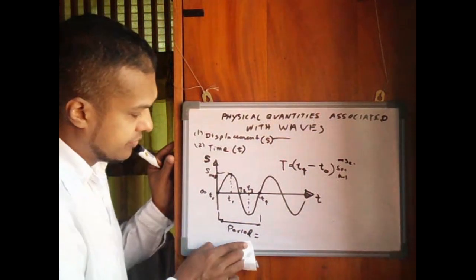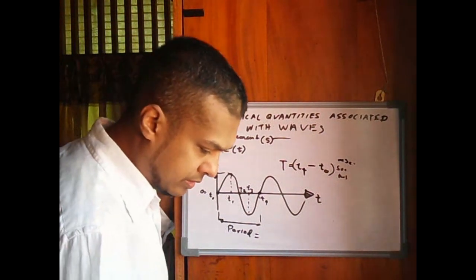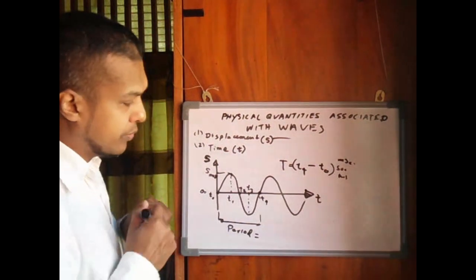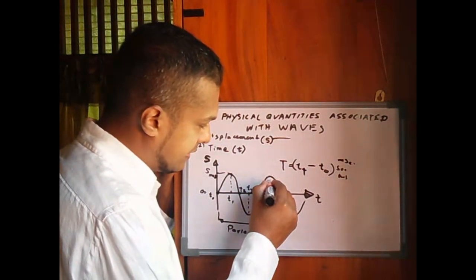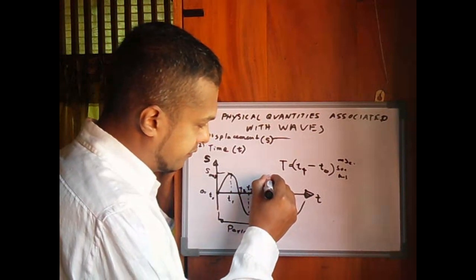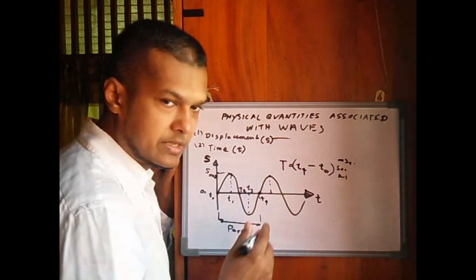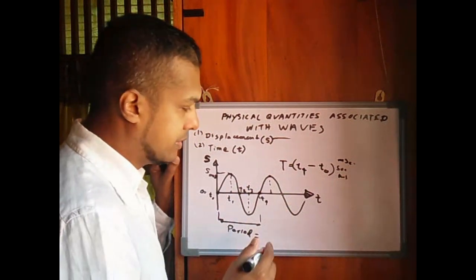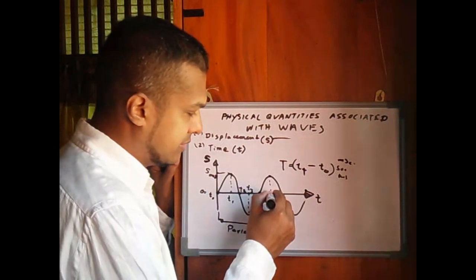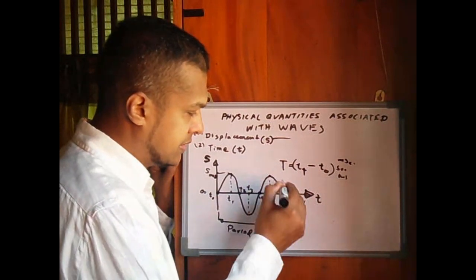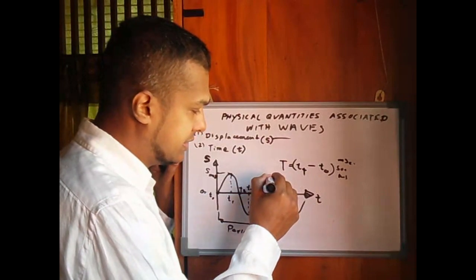Now if we discuss this further, last time we discussed what a crest is: the maximum distance of the particles of the medium from the initial position, and if it is in the positive direction, this is a crest.